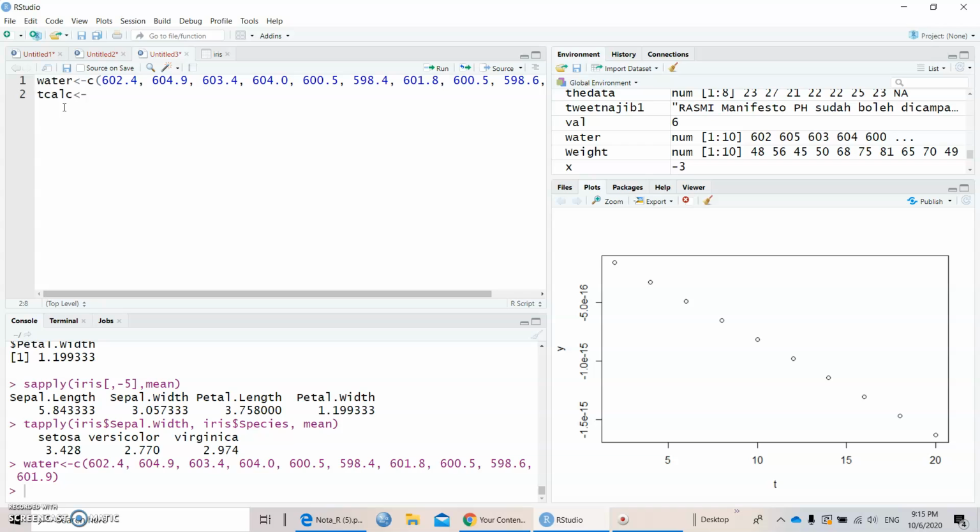So you can write t calc is equal to the mean of water, minus the parameter value, which is 600, put a bracket, divide by the standard deviation of water, put a bracket, over sqrt, the length of water.